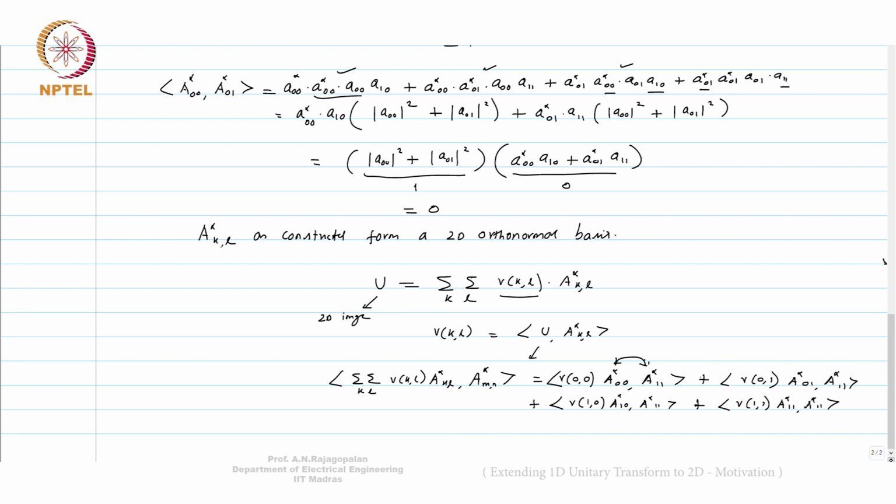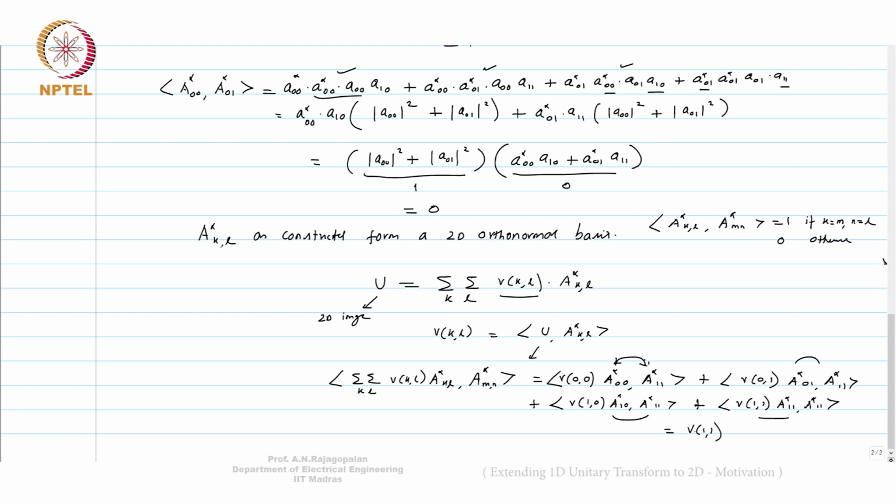Okay, so one thing that maybe I want to write here is that this A star KL inner product with A star MN is equal to 1 if K equals M, N equals L, and 0 otherwise. So which means that this inner product goes to 0, this goes to 0. The only guy that will survive is V11, right?